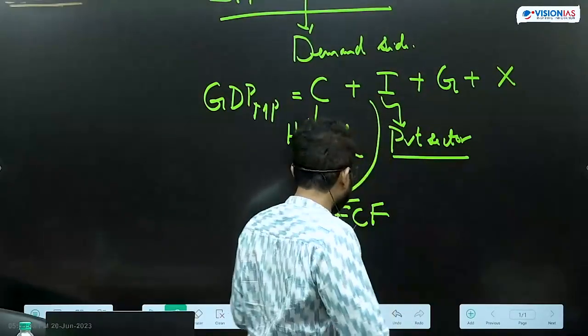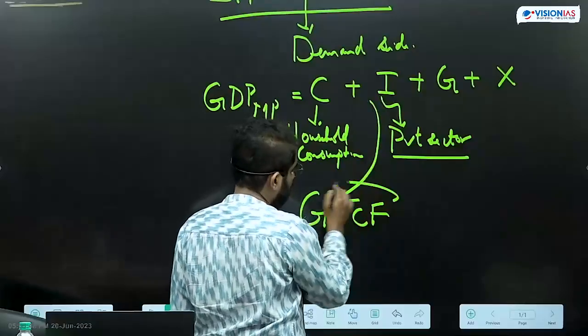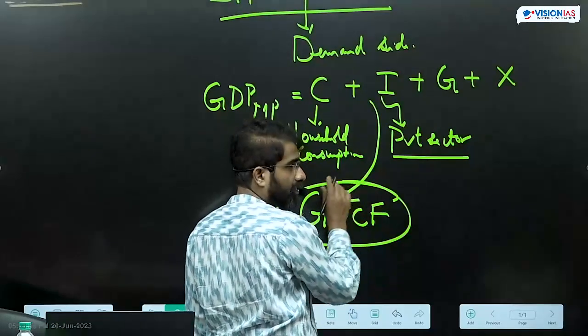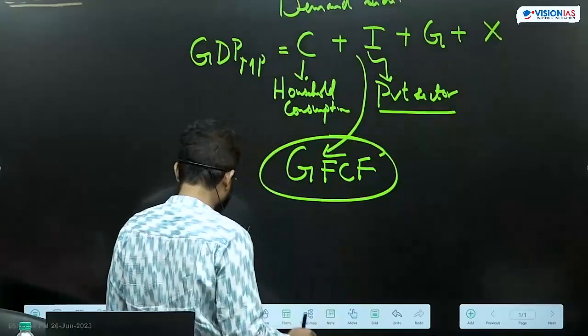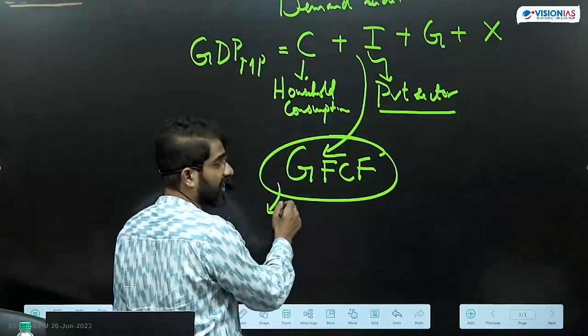So here in the investment part, one is GFCF. GFCF is gross fixed capital formation. When I say gross fixed capital formation, it is investment into physical assets.